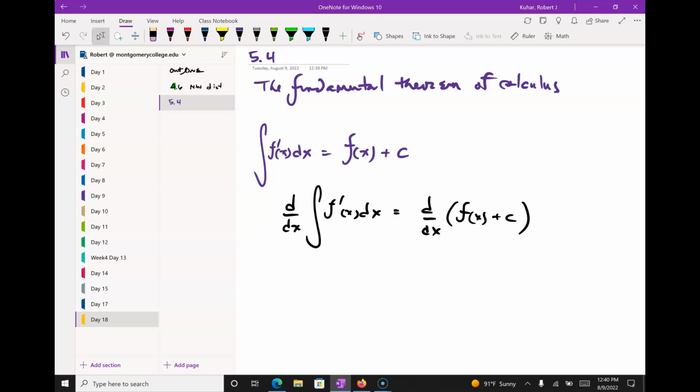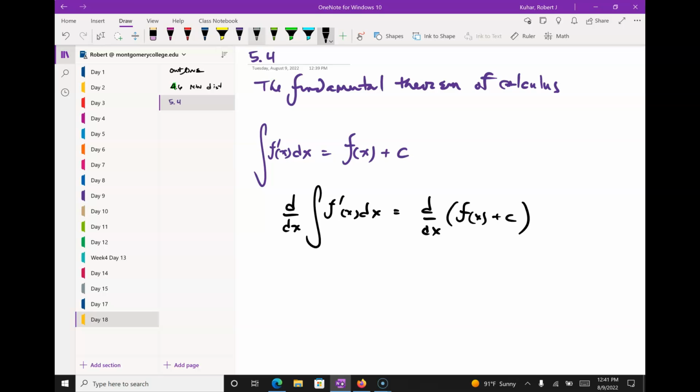Do the calculus for me. What do you get? F prime. So what should happen on the left side? I already know the right-hand side should just be F prime. So what's going to happen on the left side? No, not second derivative. What's that? They cancel out.